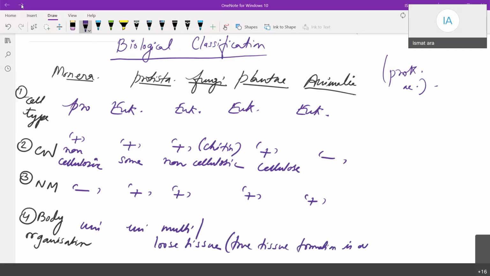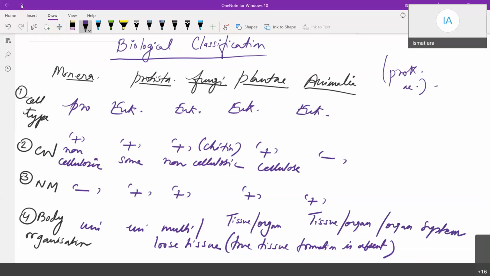This is about fungi. Next, what about Plantae? Tissue formation as well as organ formation. What about Animalia? Tissue formation as well as organ formation as well as organ system formation. These are the comparative study of Monera, Protista, Fungi, Plantae and Animalia.